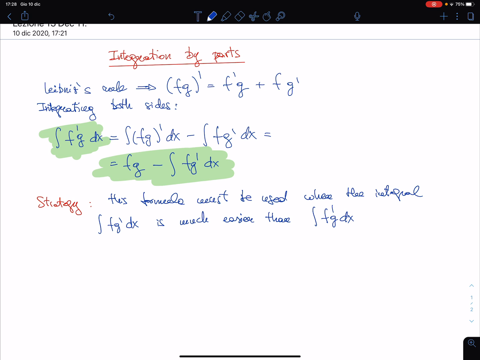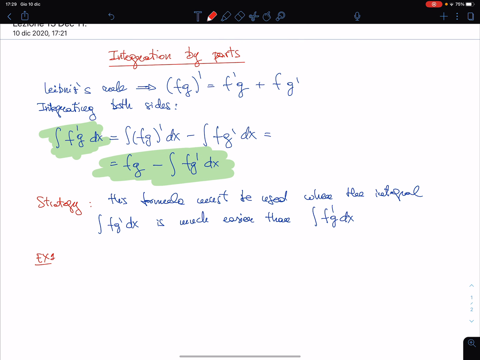And of course it depends on the cases we are treating. So let us look at some examples, because it is much clearer when we directly compute.